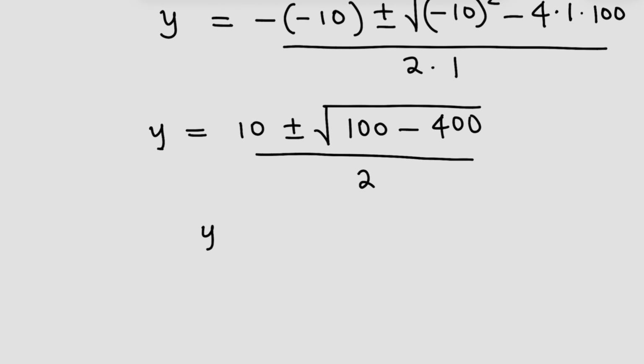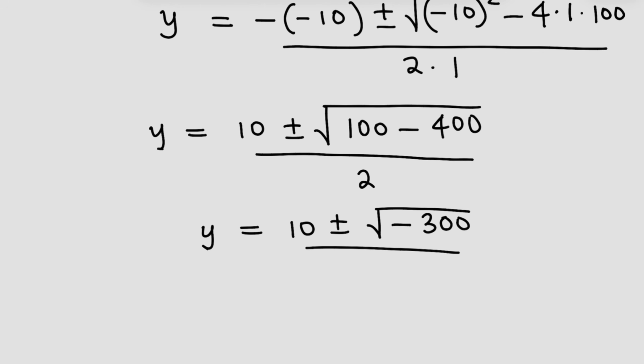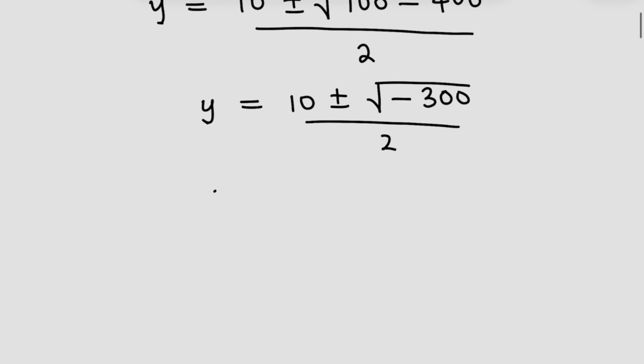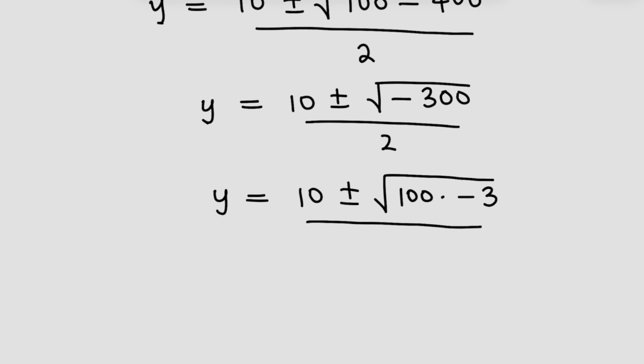So I have y is equal to 10 plus or minus the square root of negative 300, divided by 2. Now 300 is the same thing as writing 100 times negative 3, then divided by 2.